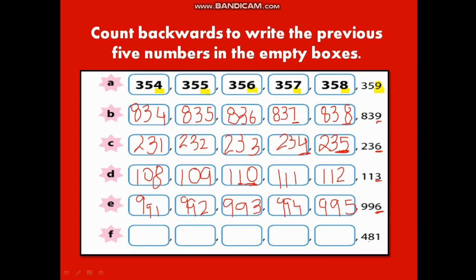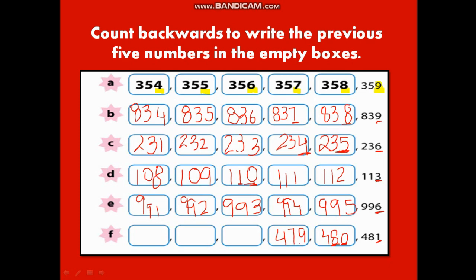Let's do this one now. This is 1 here. So the number before will be 480. Now 0 has come, so let's quickly make it 9, and 8 will become 7. 479. And you know what?